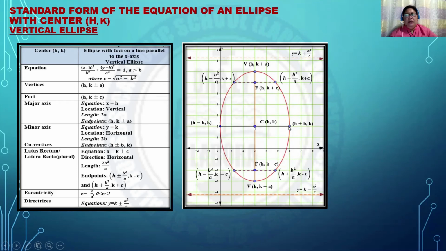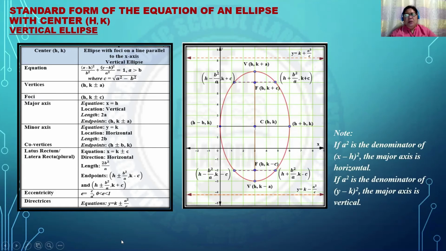Endpoints of the minor axis, and they are the co-vertices. Endpoints of the major axis, and they are the vertices. You have the latus rectum, another latus rectum. You have the directrix, another directrix.